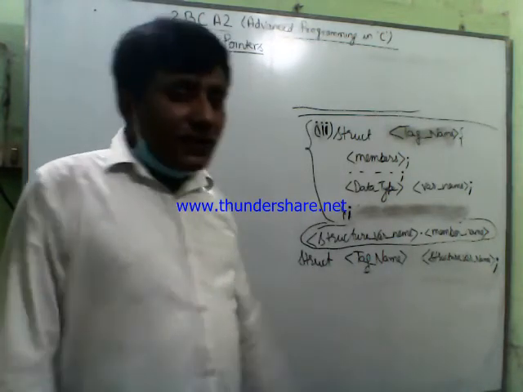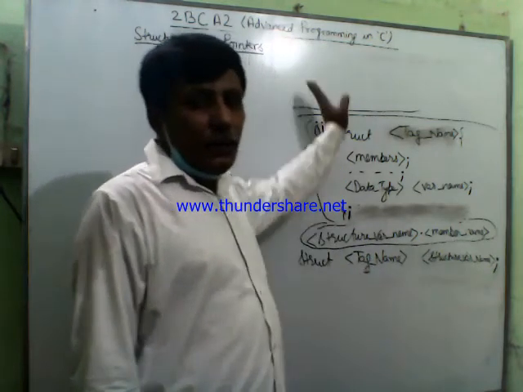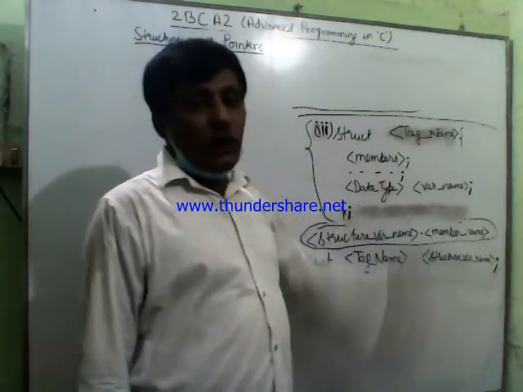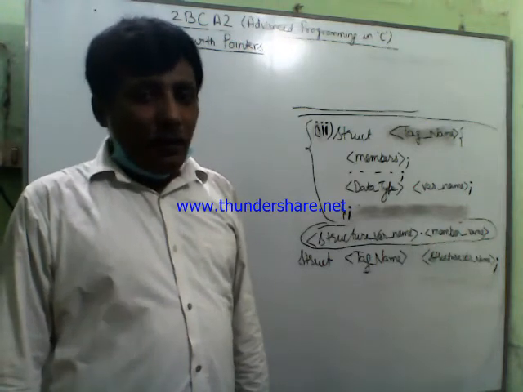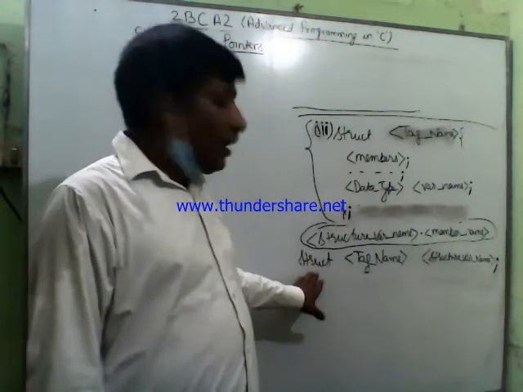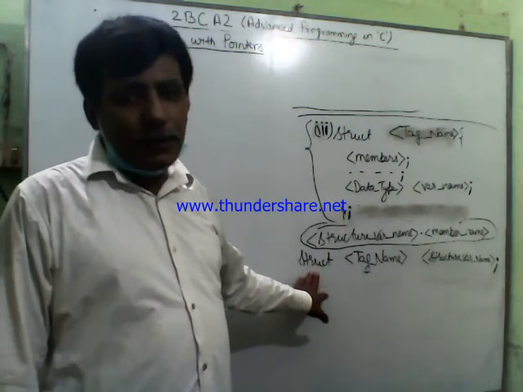Now, this syntax starts with the keyword struct, that you have already used to declare a structure. This keyword is also required at the time of declaration of a structure variable.